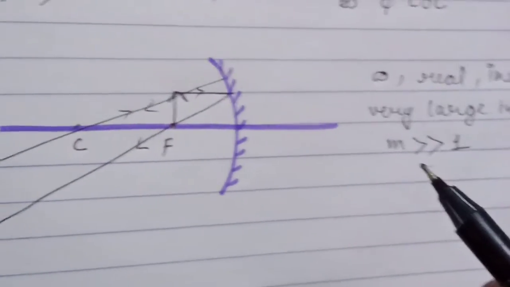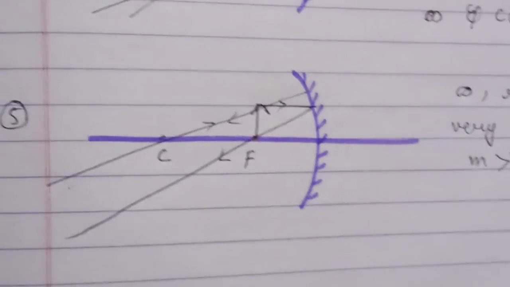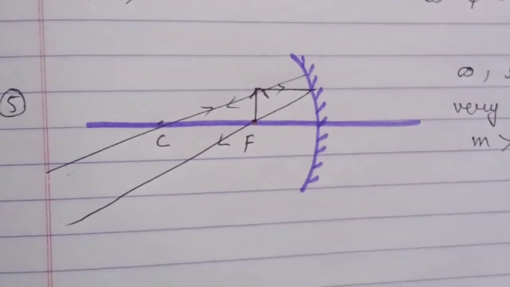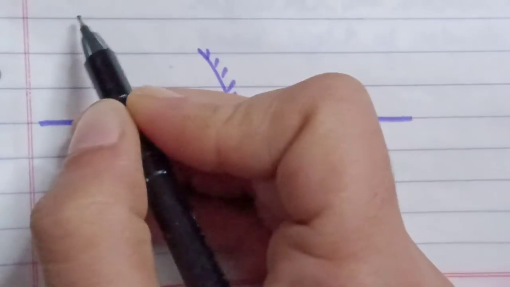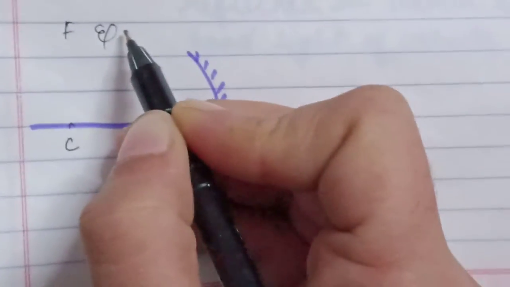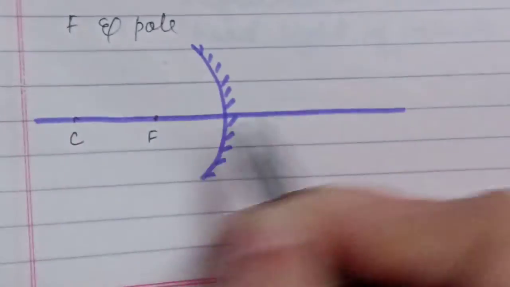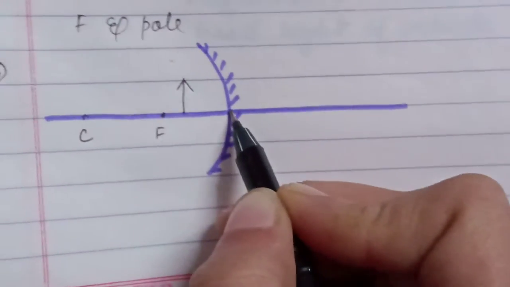Okay, so come to the sixth and last condition of the concave mirror. The sixth condition is the object is between focus and pole.